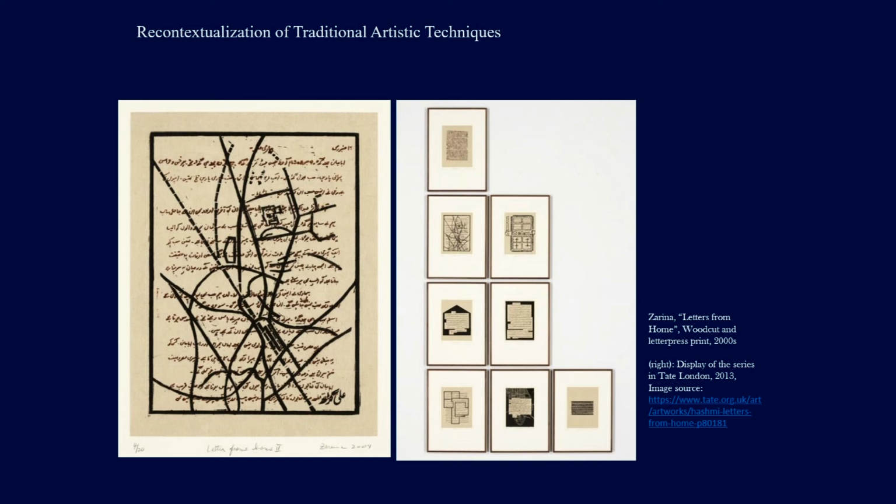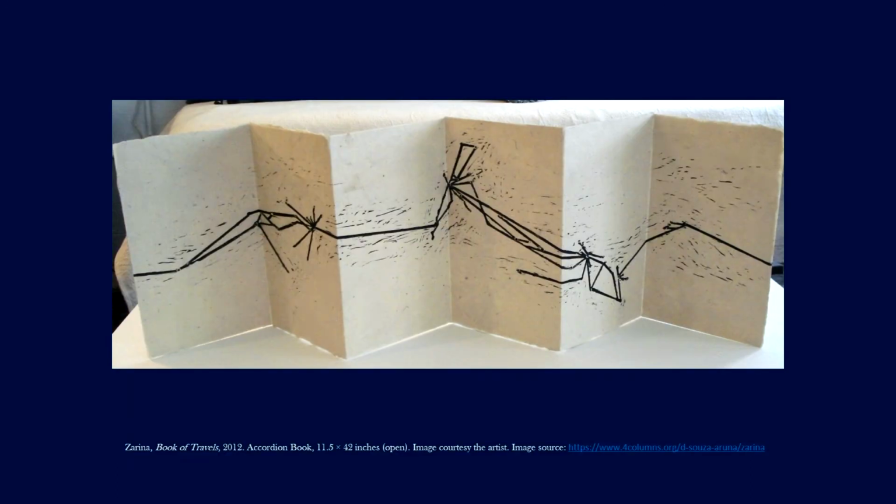They came to serve as fragments of memory and history from her home. This is another work by Zarina, called the Book of Travels. It was made in 2012, and it is an accordion book. The accordion book is also something that we find in the field of printmaking and paper making. There is one line which continues through the entire artist book, and there is no other text, nothing.